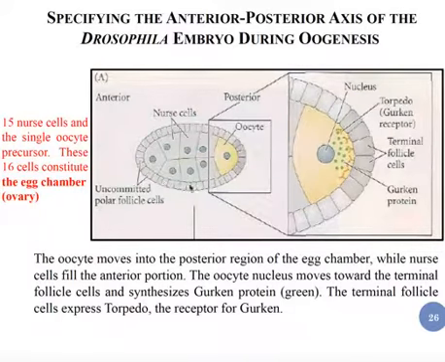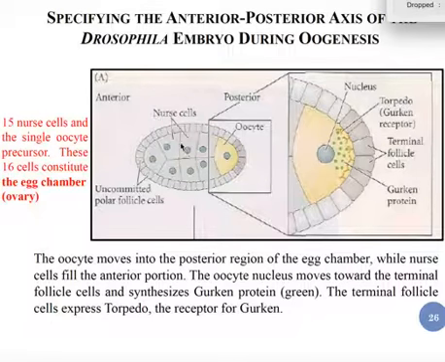If we take one egg chamber, as you can see, the mature egg chamber is formed by one oocyte and by about 15 nurse cells surrounding them. So one oocyte, 15 nurse cells, and these are surrounded by follicle epithelial cells to protect the oocyte and the nurse cells.